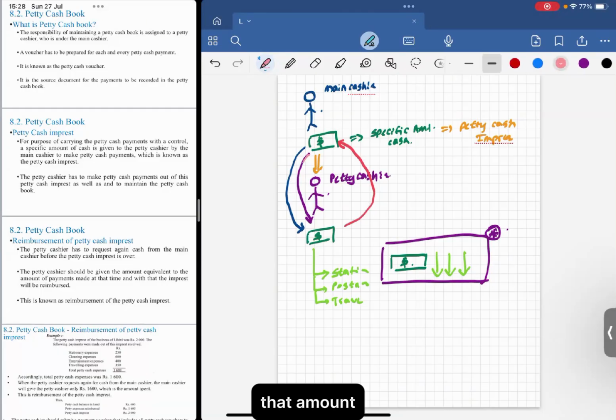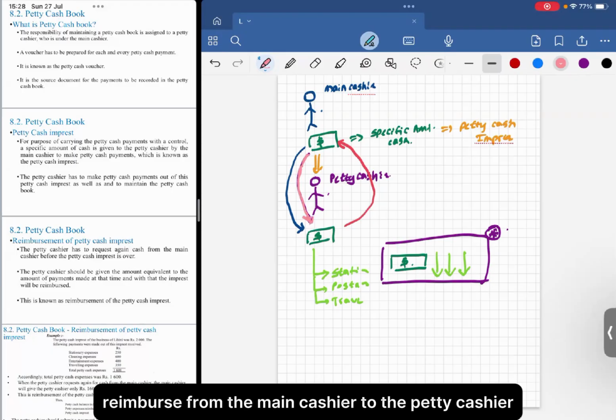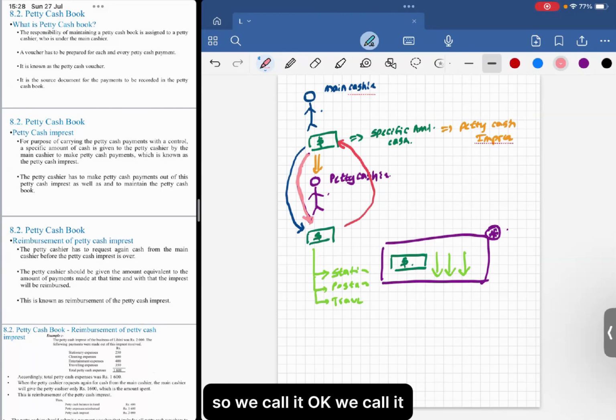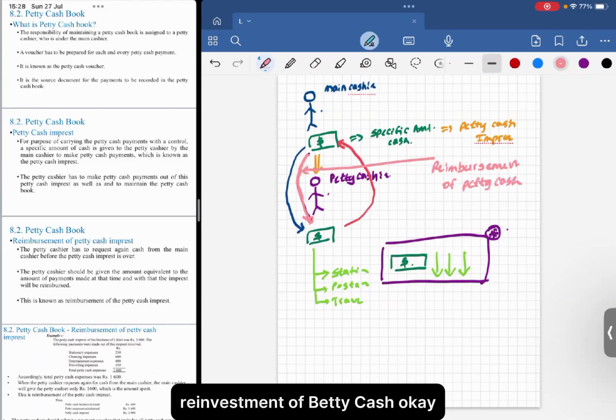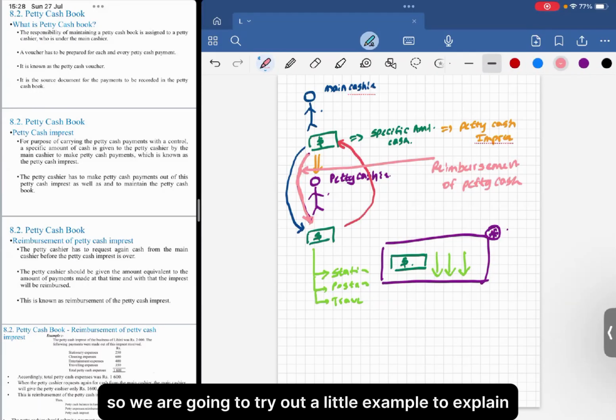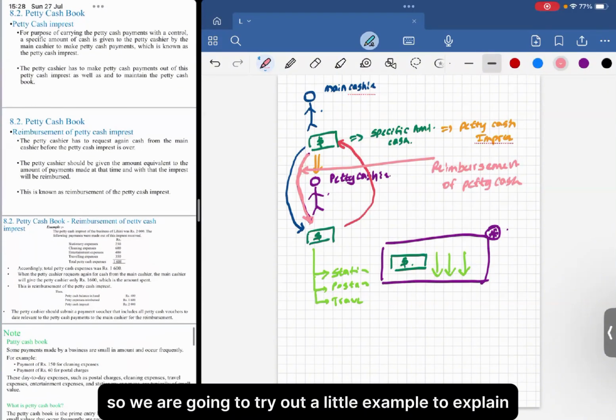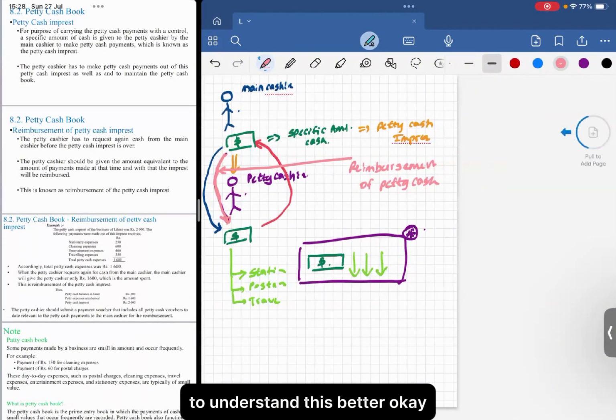So we call it reimbursement of petty cash.